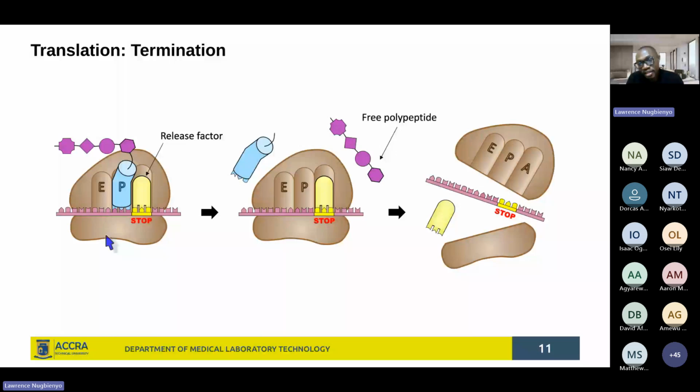And at that moment, you can have the whole complex dissociating. Then they can go into the process of synthesis of another protein molecule. So you have a free polypeptide which is being released.